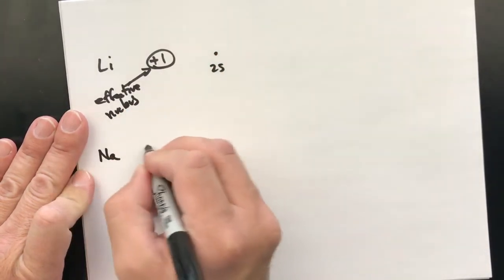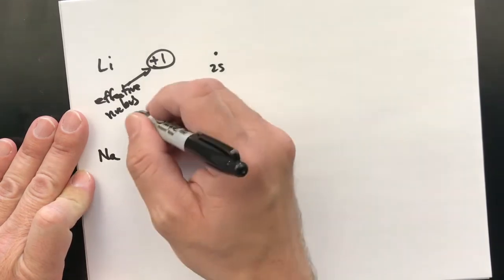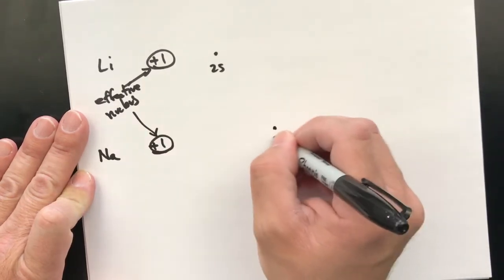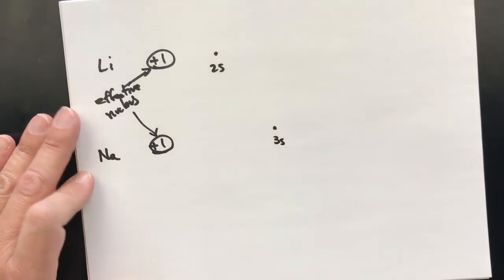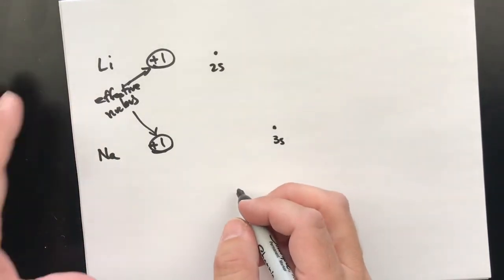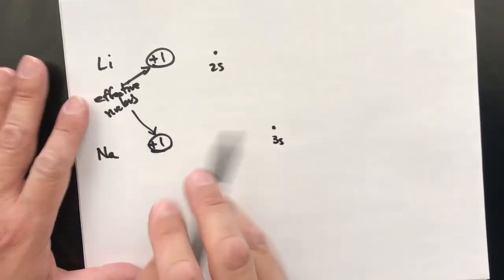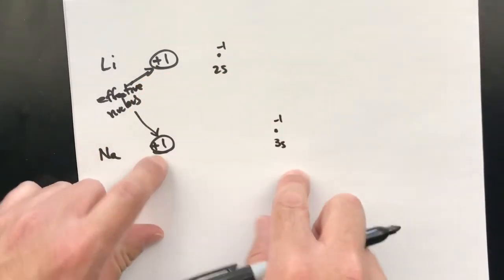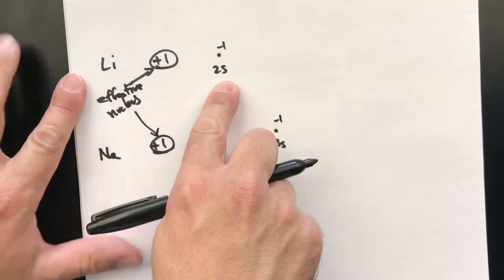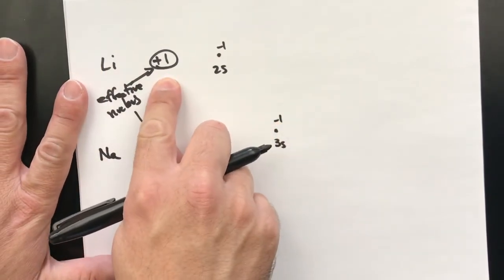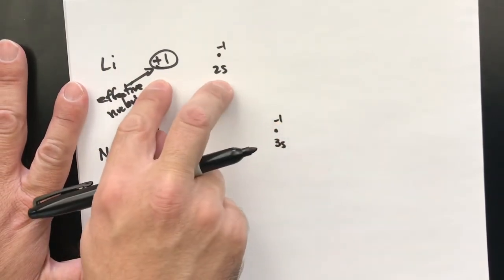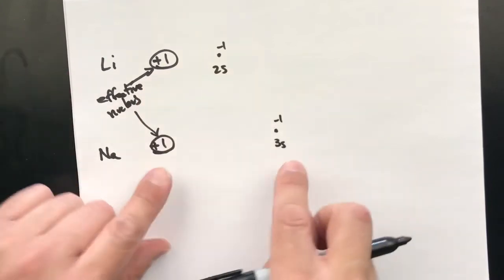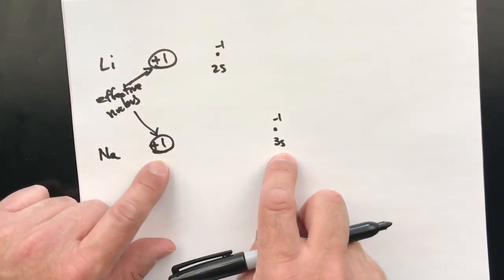And then for sodium, we have a plus 1 effective nucleus again, but we have a 3s electron way out here. Now it's a pretty easy game with Coulomb's law to say we have the same charges, plus 1 and minus 1, in both cases. But for lithium, the electron is much closer to the nucleus, and therefore it's harder to separate that electron away from lithium than it is to separate this electron away from sodium.